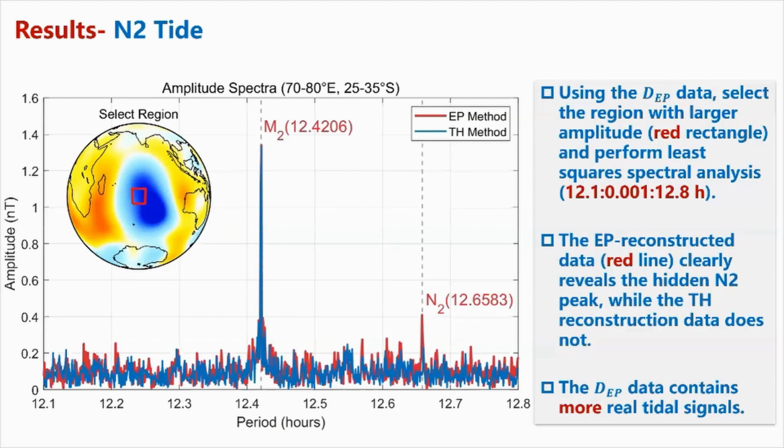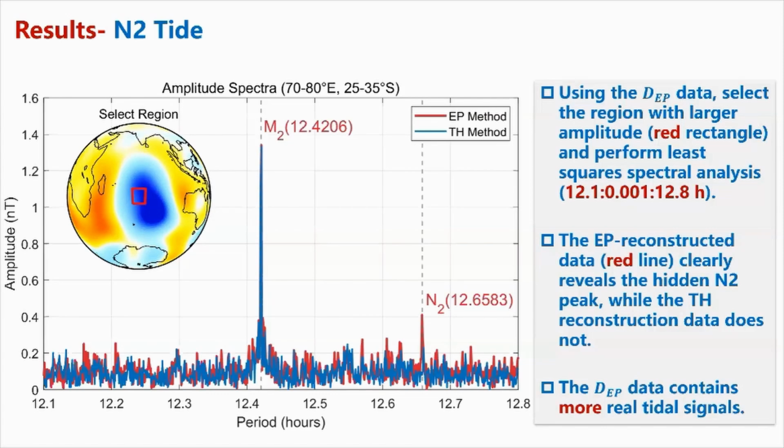Here is my point. I also select the data set focus which is marked by the rectangle. In the rectangle, I use the two methods to generate the time series, and then I perform the analysis to try to extract the amplitude of different components of the tidal signals.